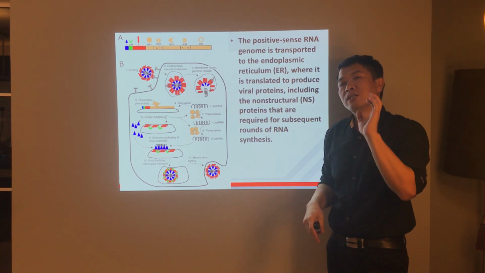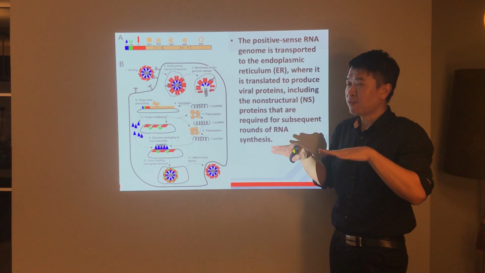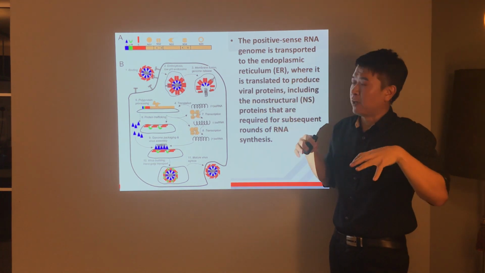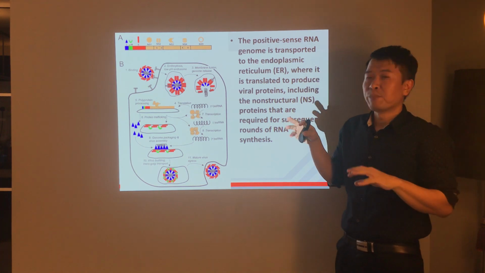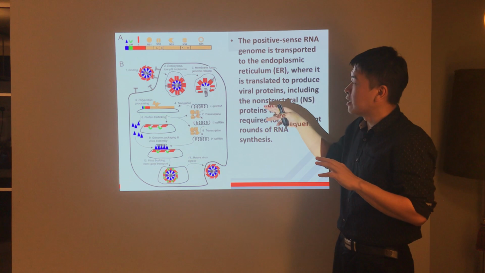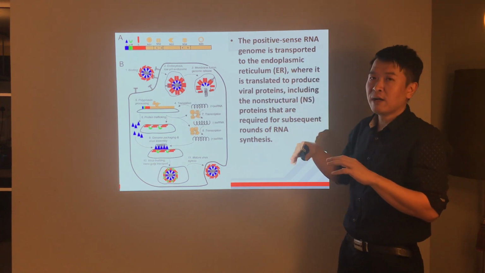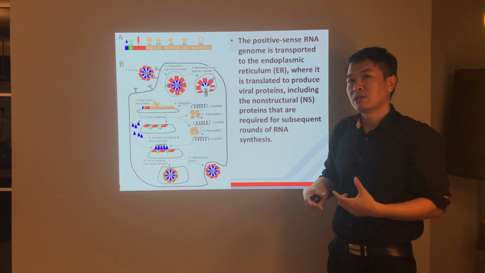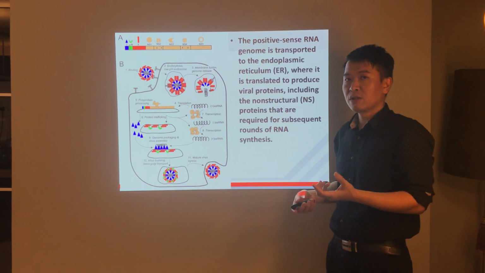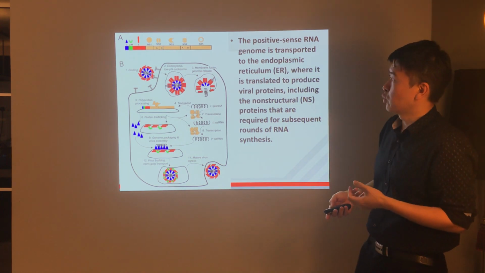We know that the rough ER contains a lot of ribosomes on the surface. So the viral RNA will come to the rough ER and initiate the next step, which is the translation, or the production of viral protein.